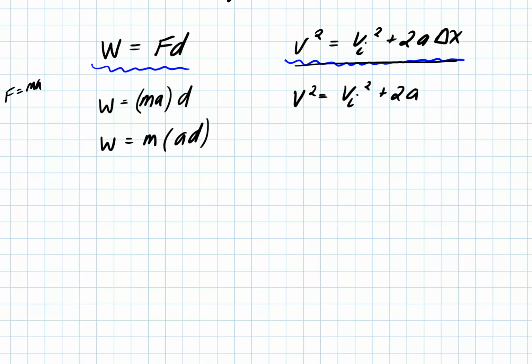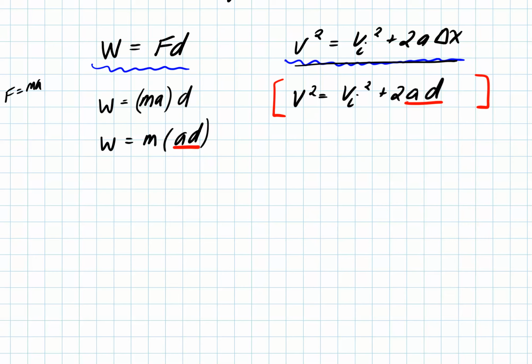We think of delta x and delta y, but I can rewrite that as d. And then now, do you see something that I see? There's ad and there's ad. So what we're going to do is we're going to rearrange this and solve it for ad and then plug it in.